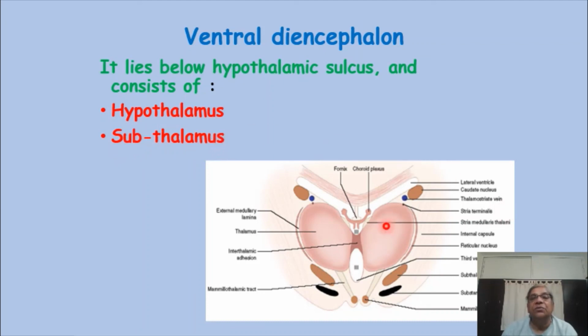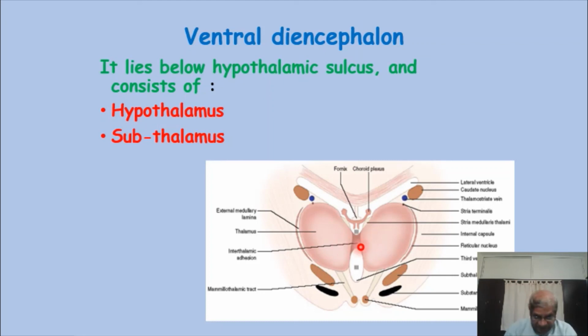Now this is a coronal section: corpus callosum, septum pellucidum, and this is the fornix. These are the right and left lateral ventricles. This is the dorsal surface of the thalamus, and these two thalami, right and left, are interconnected with a connection known as the interthalamic adhesion.